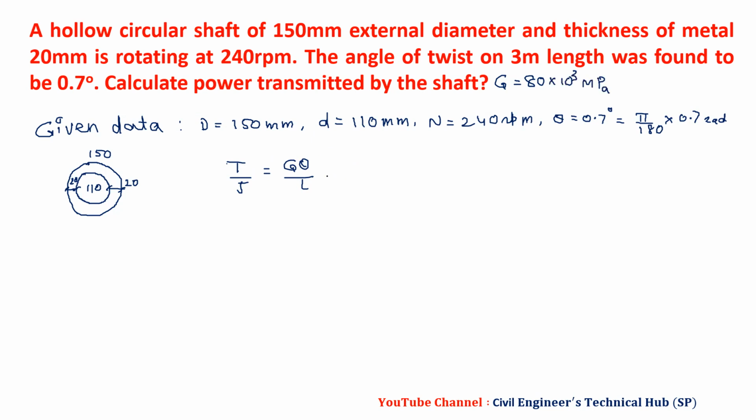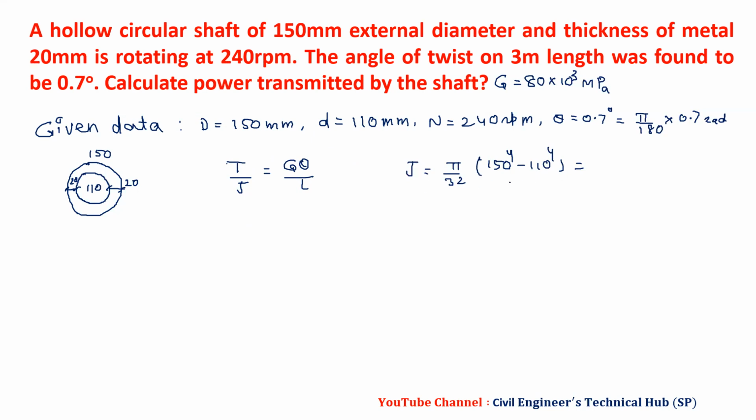And then we have T by J is equal to G theta by L. J we will get as pi by 32 into 150 to the power 4 minus 110 to the power 4. And we have this value. I have not calculated this value separately actually.